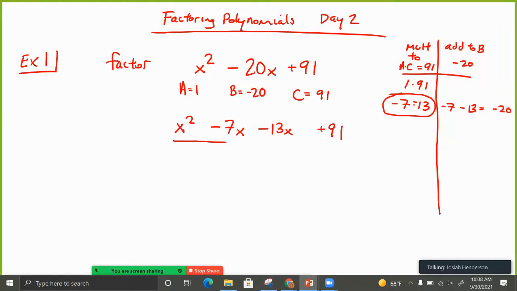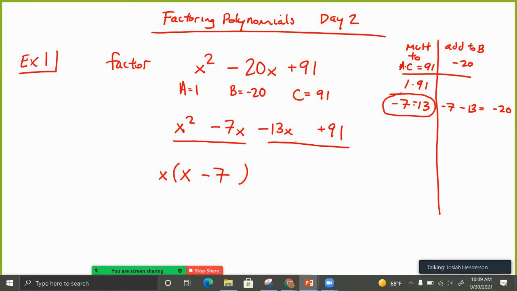Then we want to factor the two left numbers and the two right numbers, the front half and the back half. Just like all of our examples so far, we're always going to be able to pull out an x from the first set. I can pull out a single x, and it looks like that's it. And we're left with x minus 7.